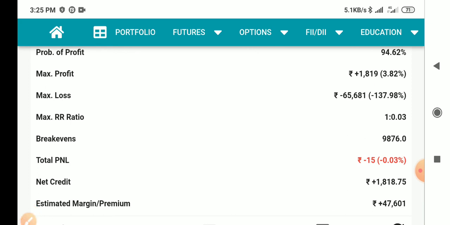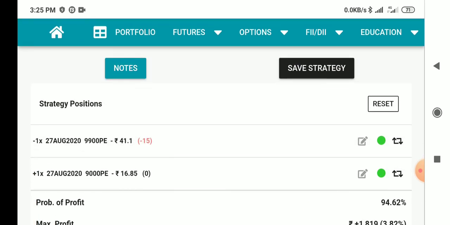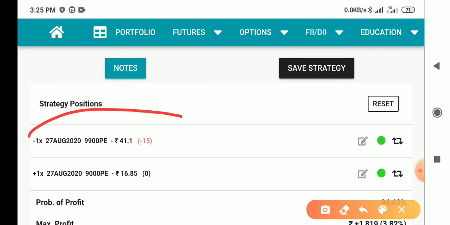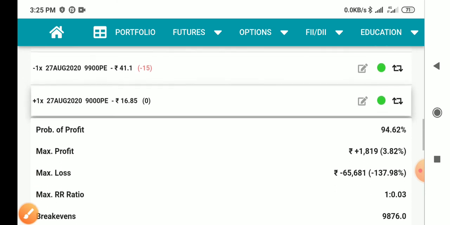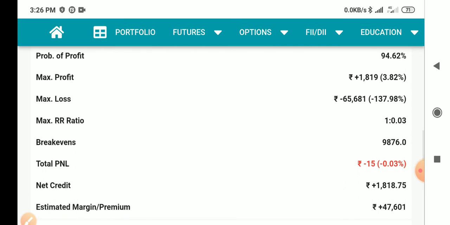When Nifty reaches around 9,900, that is where we have shorted the put. At that point, if Nifty reaches, immediately we need to roll down, or we need to close the position.